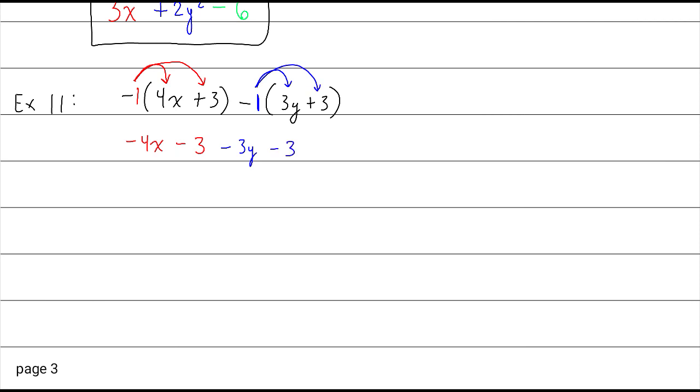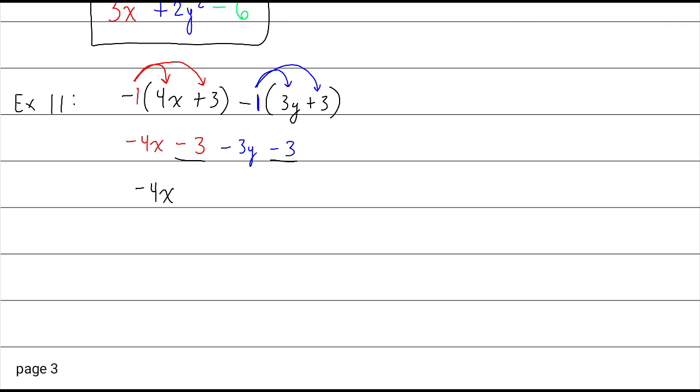Okay, so see how that transformed the problem from a slightly more complicated problem to a little bit easier problem. Now we're just looking to combine our like terms. I'm looking at this negative 4x first. I don't see any other x's, so I'm just going to bring that down. I'm looking at this negative 3y and see that I have another negative 3, a constant, so I'll put them together.